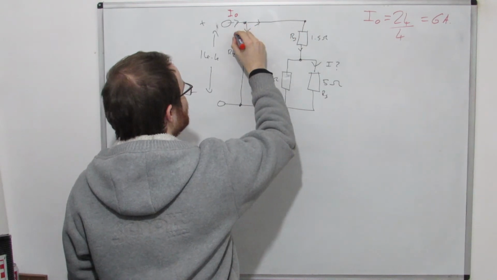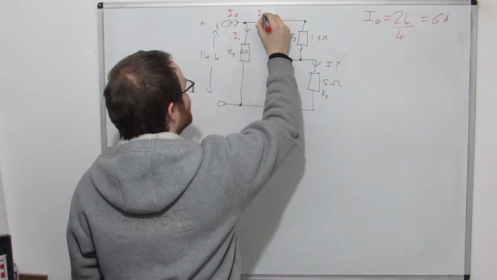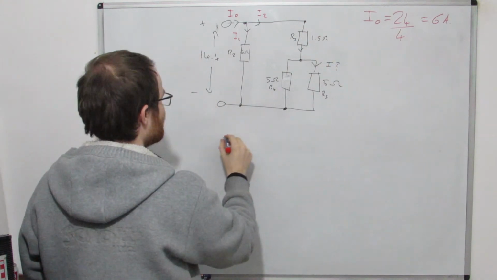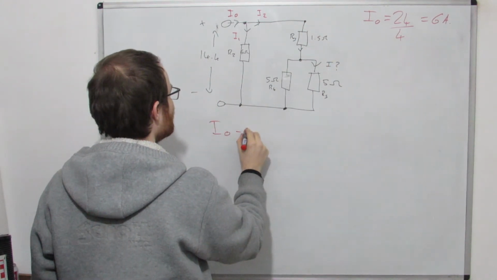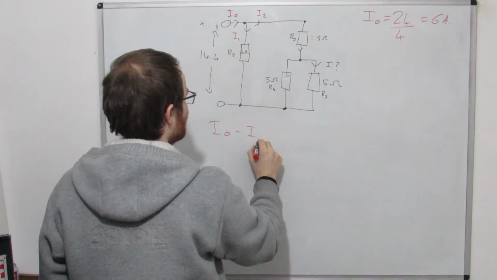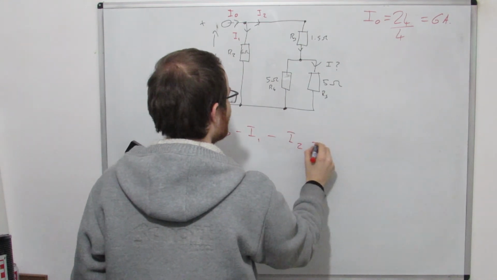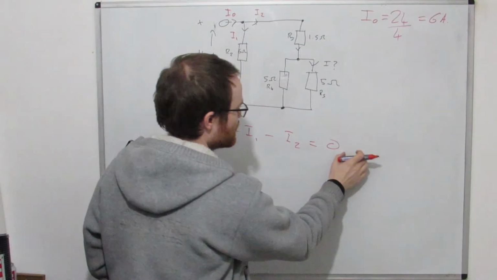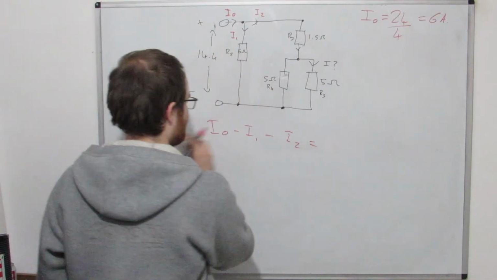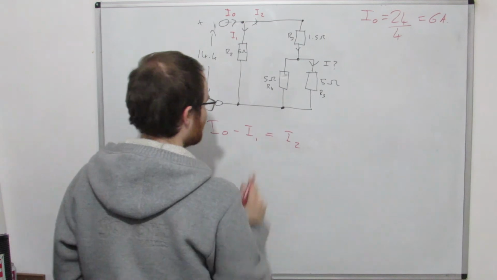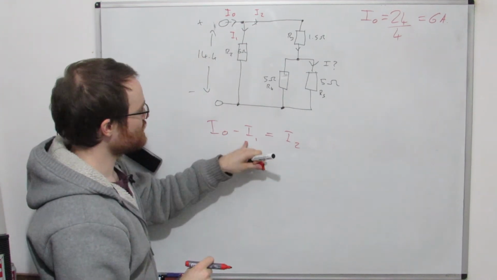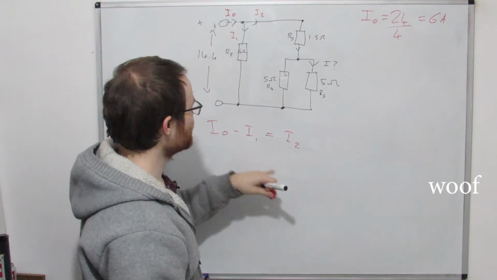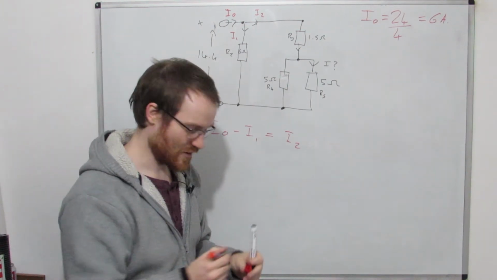And if we call this I1 and this I2, then we want I2 because we want to know this. So if I0 minus I1 minus I2 equals 0, then we can take I2 over to the other side by adding I2 to both sides, and then we've got I0 minus I1. We know I0, we're about to really easily calculate I1, and then we'll have I2 left over. Super. So let's do that.